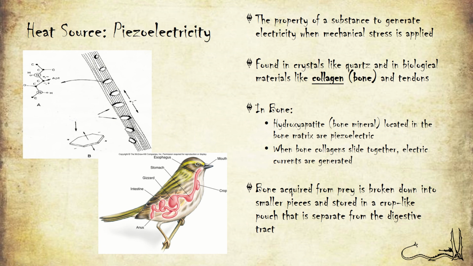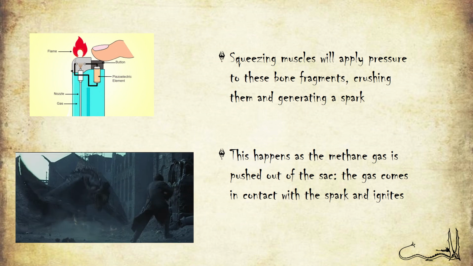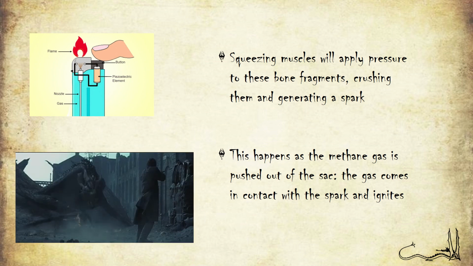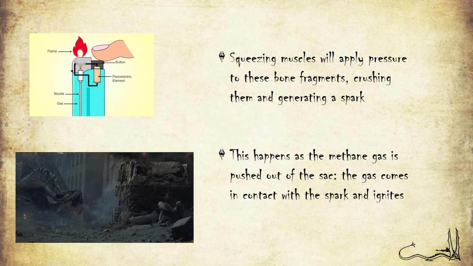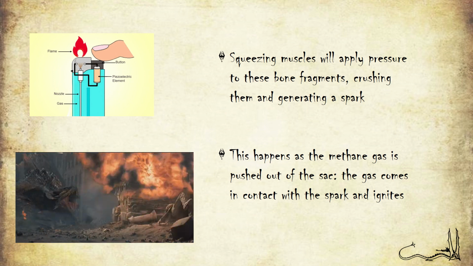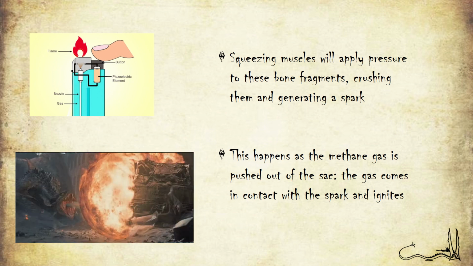But in our dragon, the crop is going to be separate from the digestive tract. And so the dragon will also have squeezing muscles that will apply pressure to these bone fragments, crushing them, and thus generating enough electric current to produce a spark. And this will happen as the methane gas is pushed out of the sac, or wherever it's going to be kept. And once the gas comes in contact with a spark, it ignites.